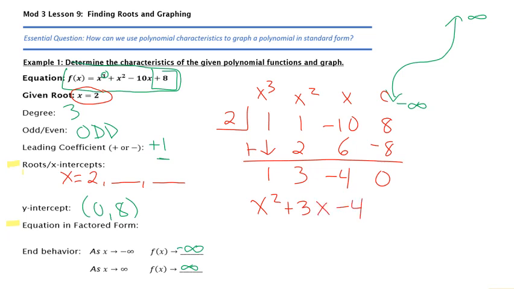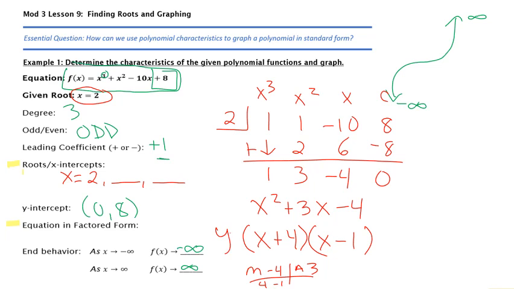And then I'm going to go ahead and factor this out. So what are numbers that multiply to negative 4 but add to 3? I'm going to have here 4 and negative 1. So this would be my factored answer, and I still have that minus 2.